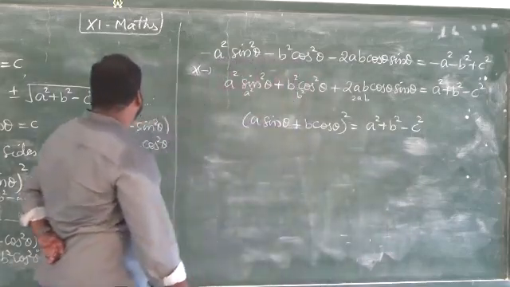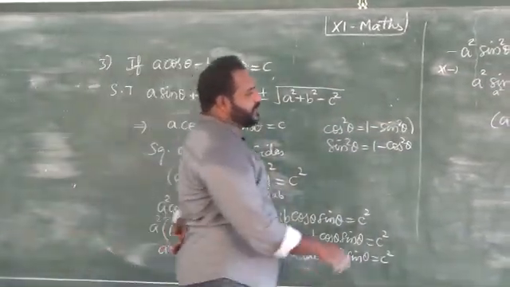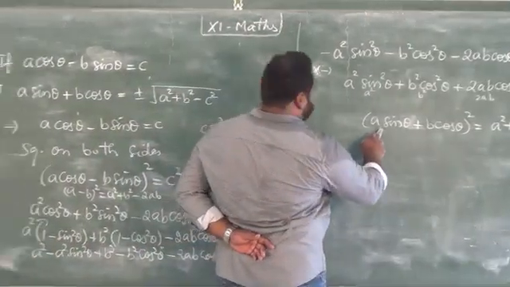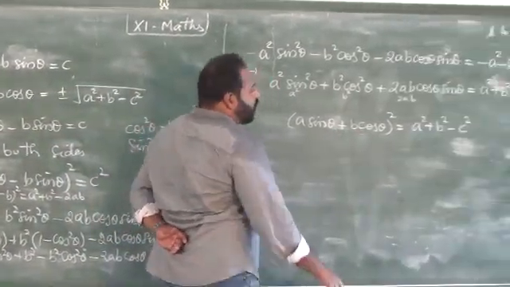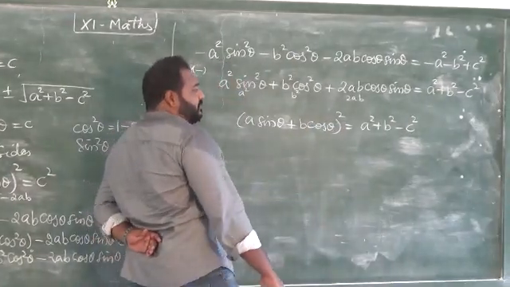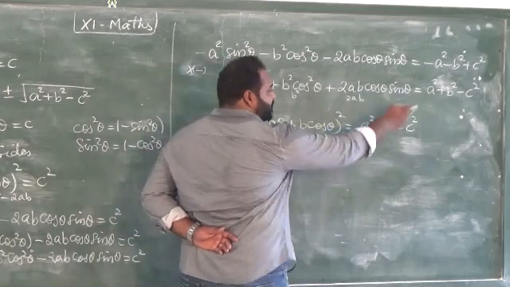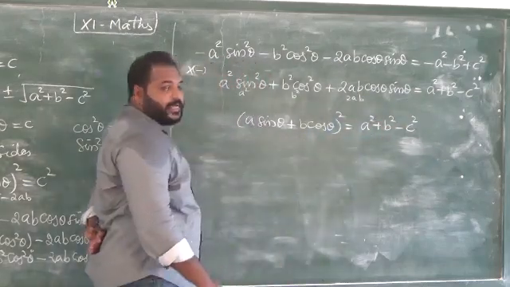So actually the answer we should bring is A sin theta plus B cos theta. Here we have A sin theta plus B cos theta whole square. How can we remove this square? By taking the square root, or take this power to the other side, and it automatically becomes a square root.